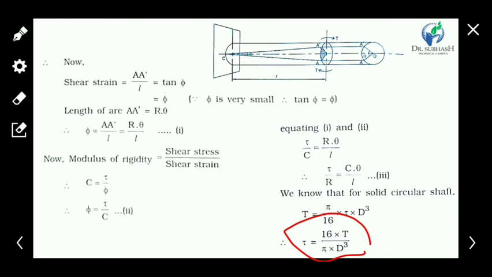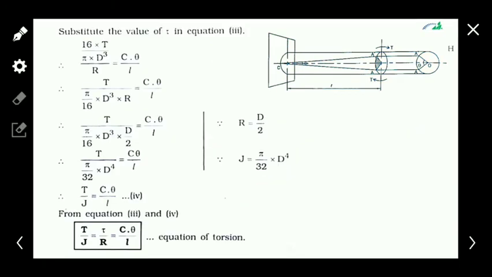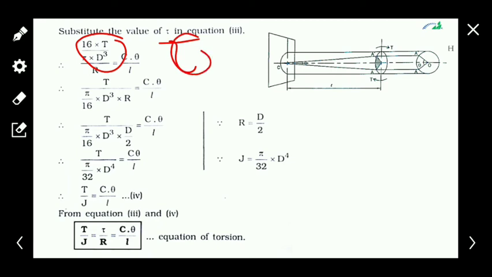This value of shear stress is put into equation 3.